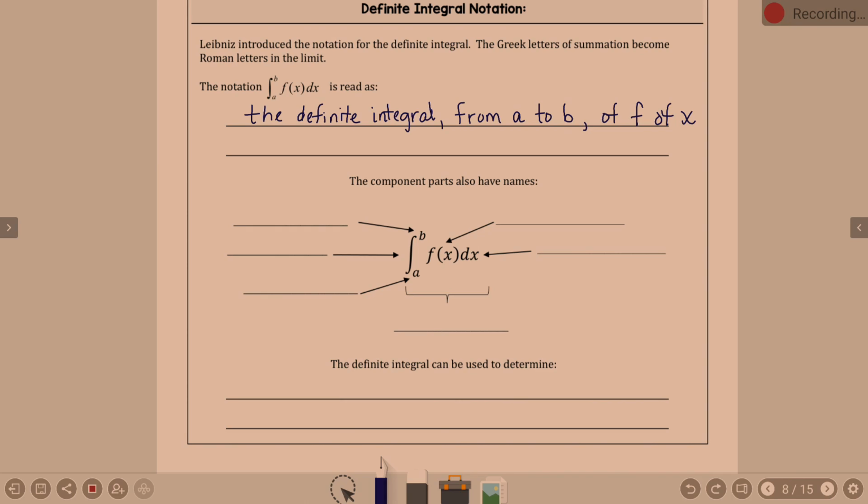That's just putting it into words, we usually use f parentheses x, with respect to x. There are other slight variations you'll hear on that, but that's some official wording for you.